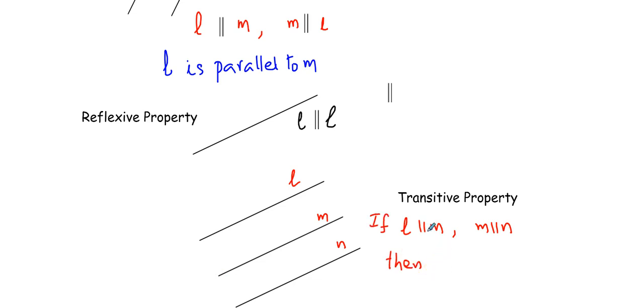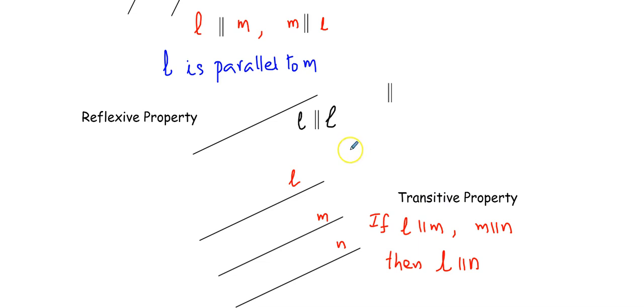The line L will be parallel to N. That is, if the first line is parallel to the second, and the second line is parallel to the third, then the first line will definitely be parallel to the third. It is written like this: if L is parallel to M and M is parallel to N, then L is parallel to N. This is called the transitive property.